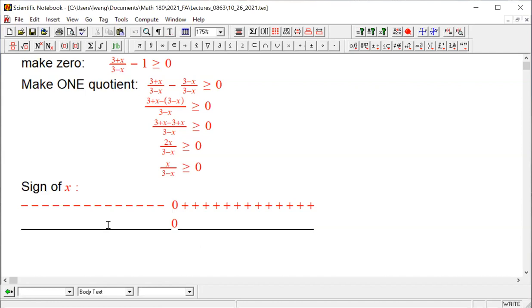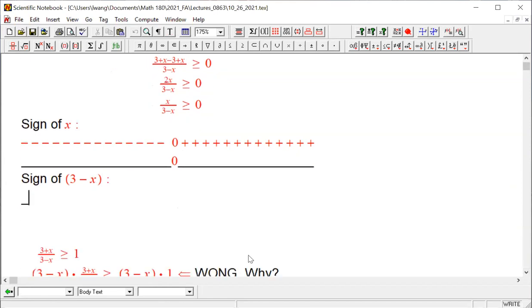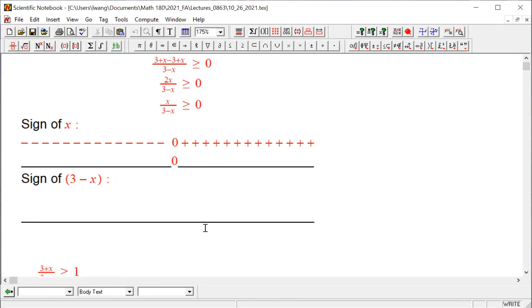Okay? And then what's the sign of 3 minus x? This time, it changes sign at 3.